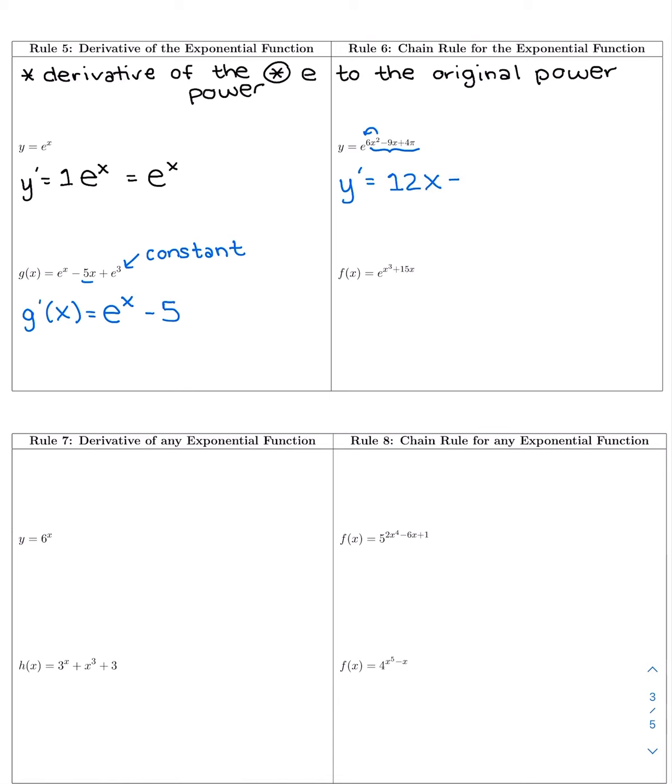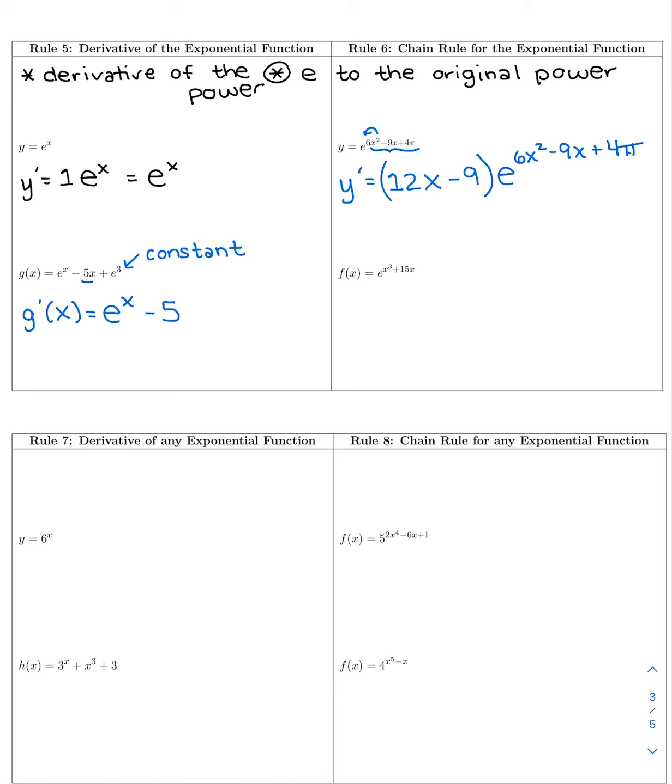Derivative of negative 9x is negative 9, and the derivative of 4 pi is 0. So there's the entire derivative of the power. That needs parentheses so that that whole derivative of the power gets multiplied by e to the original power. E to the 6x squared minus 9x plus 4 pi.